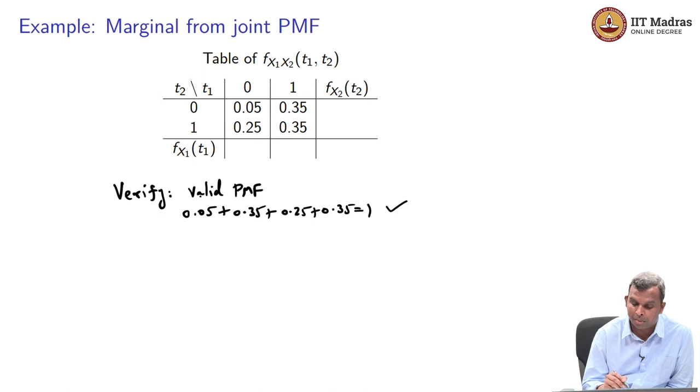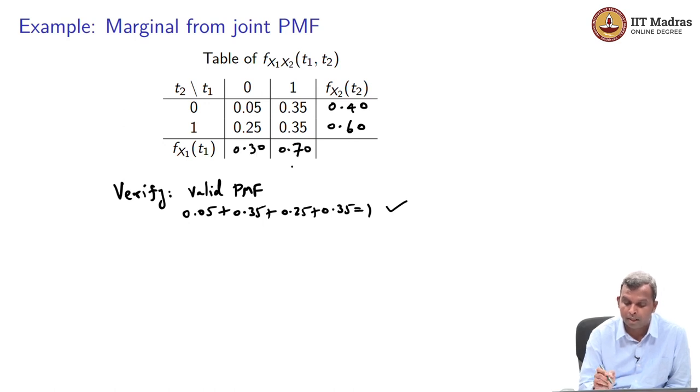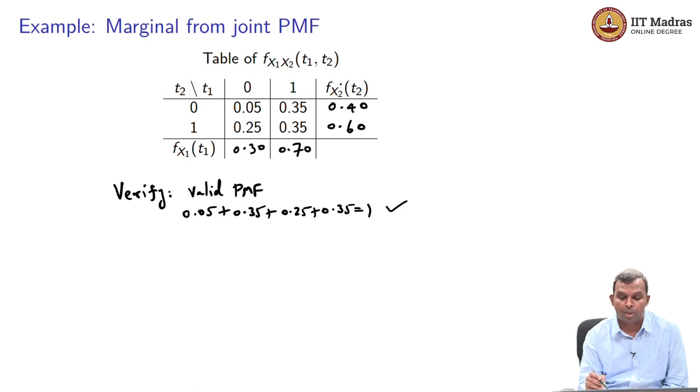So it's a valid PMF, no problem. Once you know it's a valid PMF, it's just a question of adding along the rows and adding along the columns. You're going to get here 0.40, 0.60, and here 0.30, 0.70. So you got your PMF for x2 here, and your PMF for x1 here.